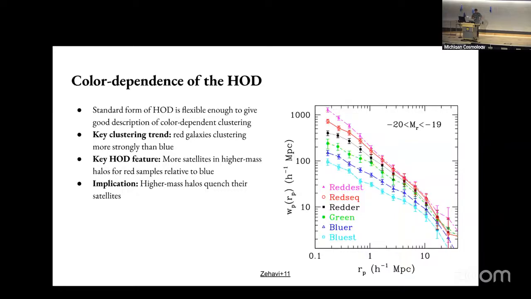And again, found good fits to the 2-point clustering using the same sort of vanilla five-dimensional model. Finding one basic takeaway is just that in higher mass halos, you have redder satellites. And in general, as halo mass increases, you have redder galaxies.